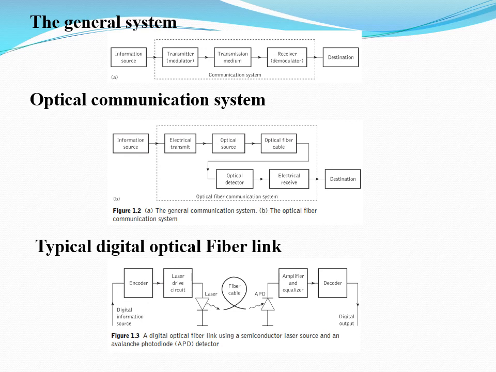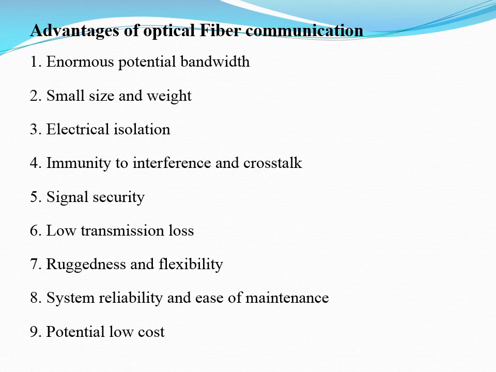And to remove some distortions, to remove some unwanted components in the signal, we are supposed to equalize the signal, which is done by an equalizer circuit. Then, since we encoded at the input, we are going to decode it using a decoder. So finally we are going to get the digital output. So this is how the optical fiber using digital transmission is considered.